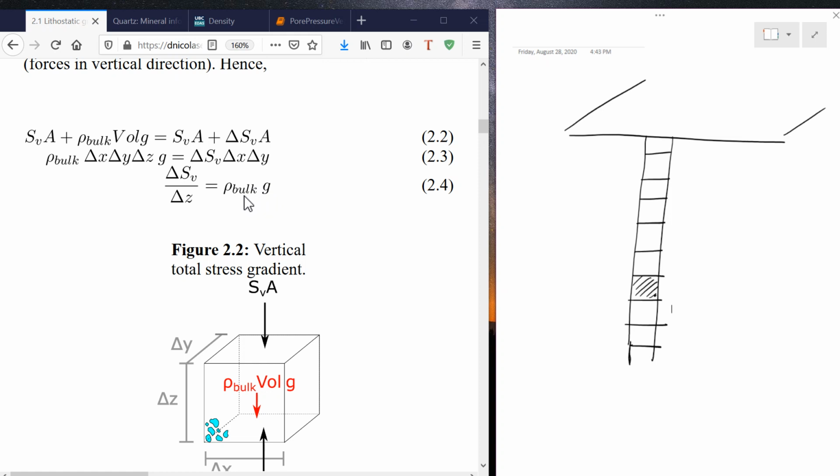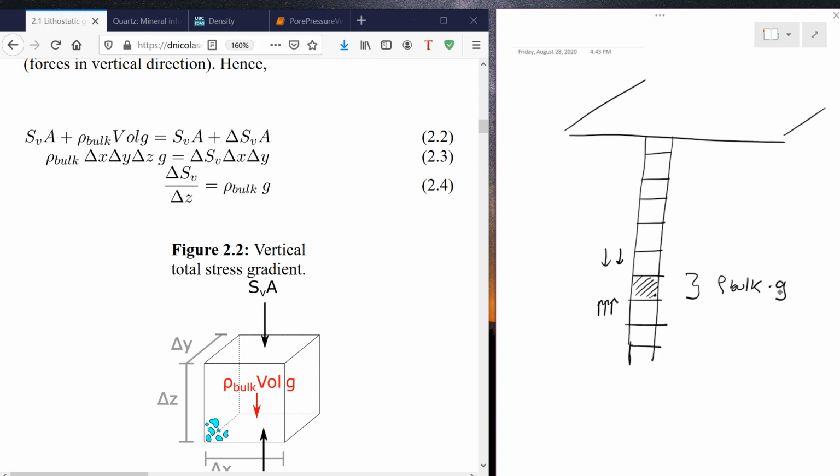And this is basically telling us that the additional stress I get as I go deeper and deeper is equal to the weight on top of each layer, which is proportional to the density of the rock and proportional to gravity.